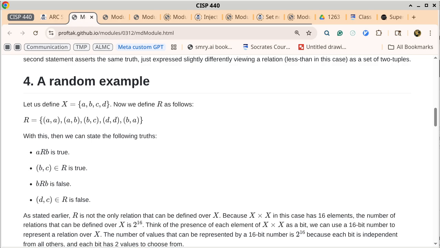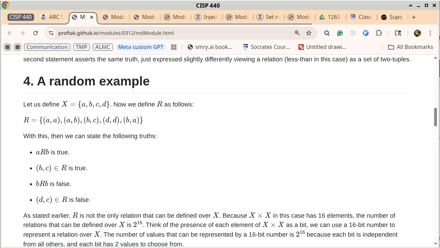So if we define X as {a, b, c, d}, and we define R as a relation over X as {(a,a), (a,b), (b,c), (d,d), (b,a)}, then we can say aRb is true because (a,b) is a two-tuple in R. We can say (b,c) is an element of R is true because (b,c) is actually an element of this set R. We can say that bRb is false because (b,b) is not an element found here.